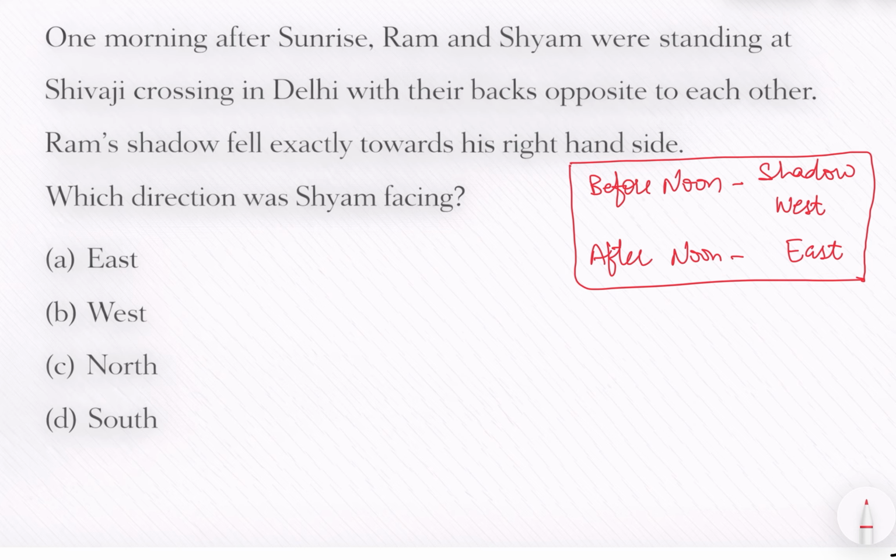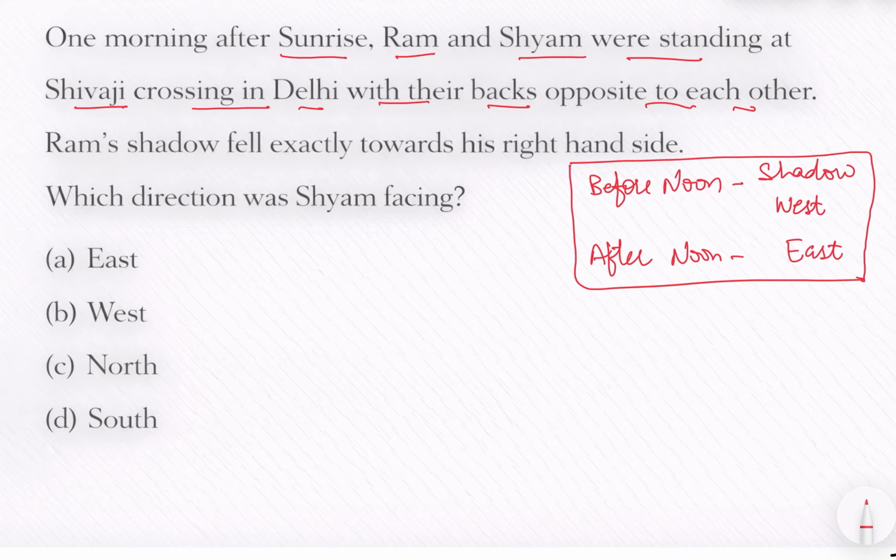Now the question says, one morning after sunrise, that is before noon, Ram and Shyam were standing at a Shivaji crossing in Delhi with their backs opposite to each other. Ram's shadow will fall exactly towards his right side. If the shadow is falling before noon, it falls towards the west.